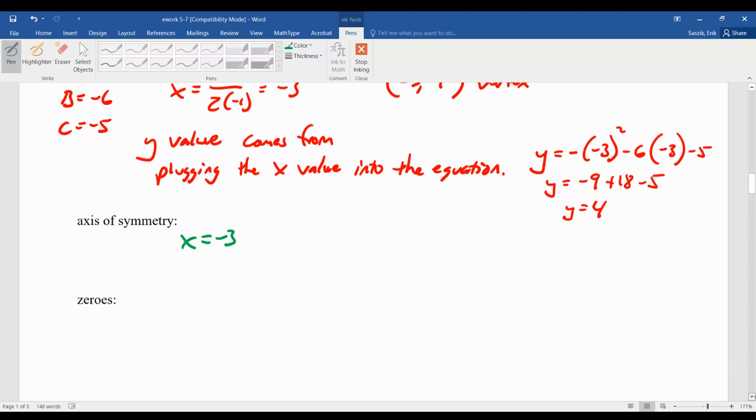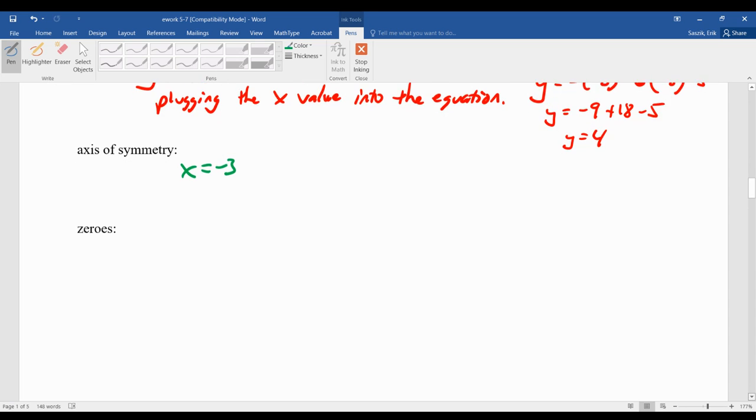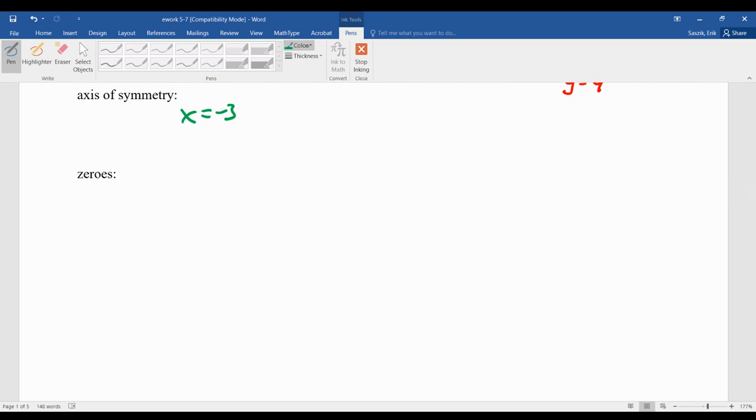Okay, the zeros. So remember, we've been doing this for a long time now. Zeros means you're solving. So replace the y with 0. And I don't like that leading coefficient to be negative. So let's go ahead and multiply both sides by -1.